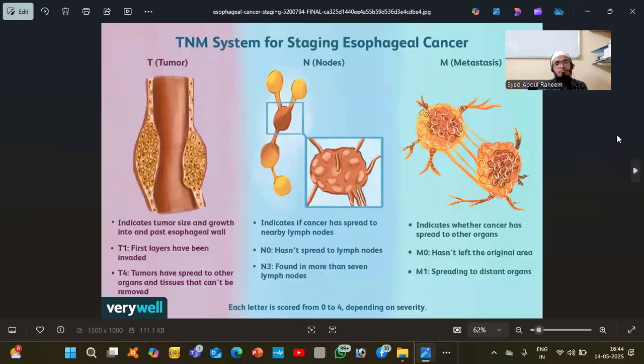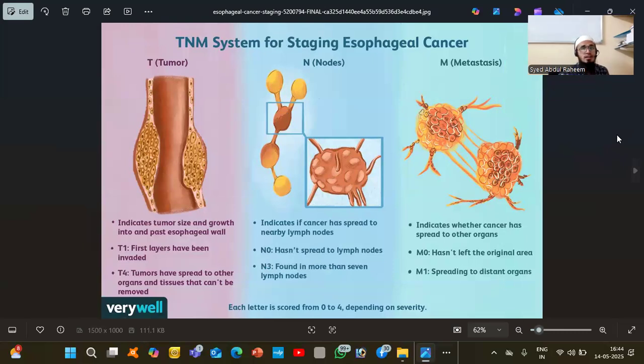Another pathological condition related to the esophagus is esophageal cancer. You can see this is the esophagus. In that, abnormal cancer cells develop and multiply. The first layer is invaded, and tumors spread to other organs and tissues that can't be removed.